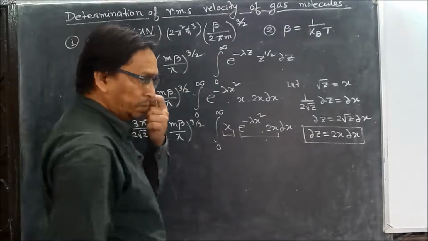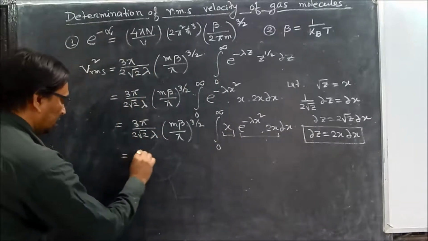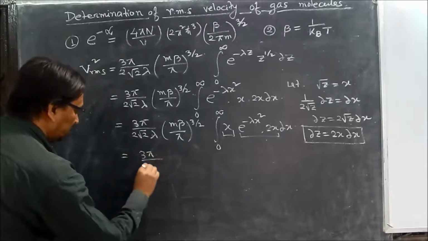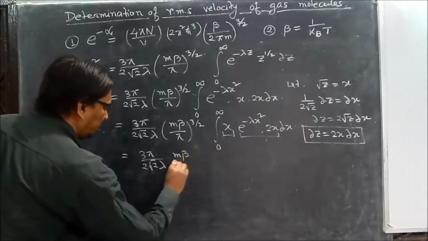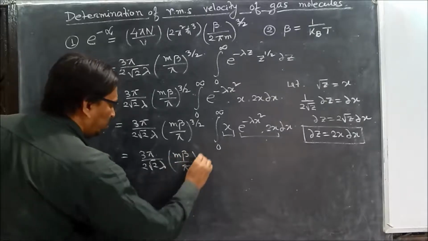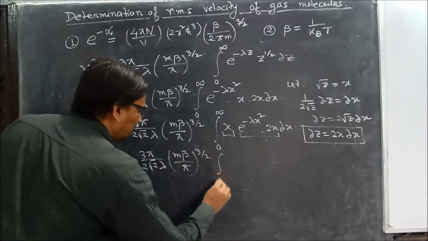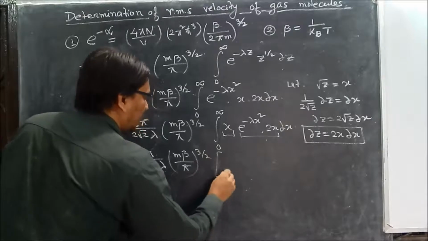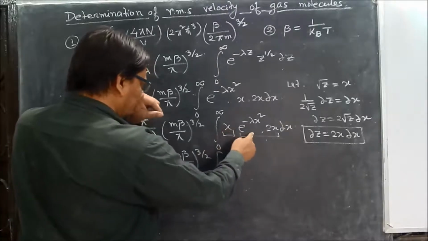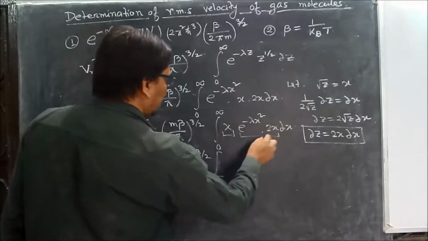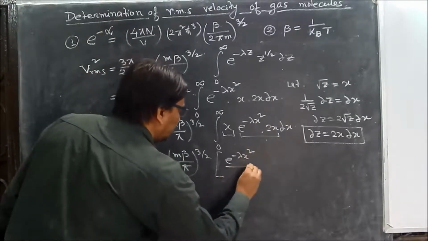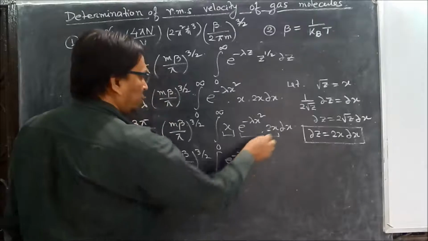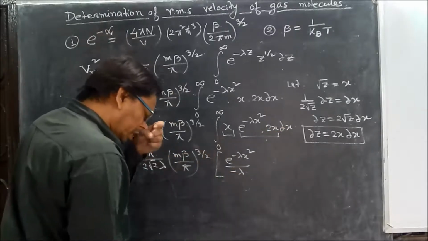So again integrating by parts, what we are getting is this 3 pi by 2 root 2 lambda, and this is m beta by pi whole to the power 3 by 2. So integrating by parts, taking this as first, this as second. So the integration of this part will be e to the power minus lambda x square by minus lambda, because this 2x del x is actually del x square.